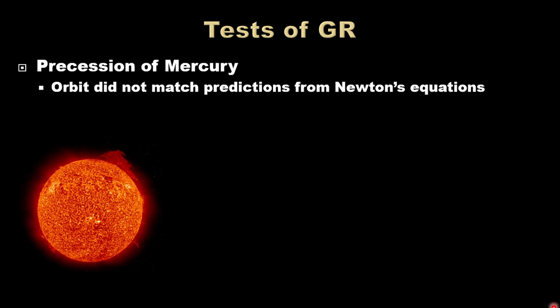We already discussed one. Remember that when William Herschel discovered Uranus in 1781, its orbit didn't quite match what was predicted by Newtonian dynamics.